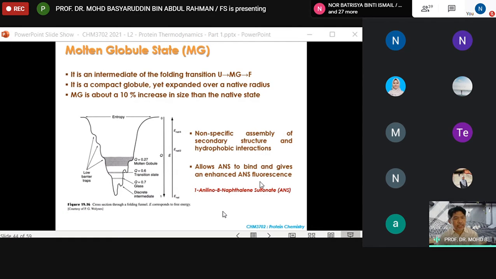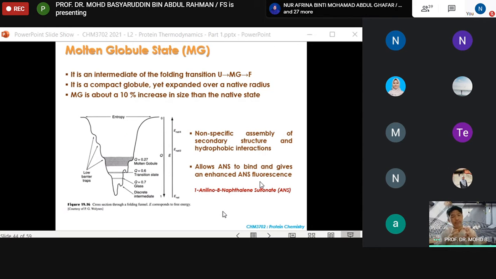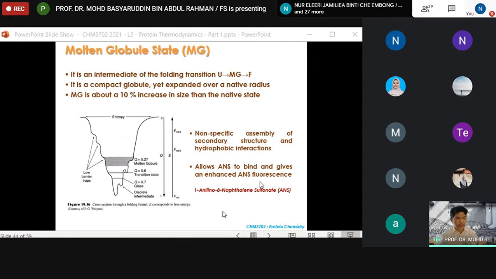Basically, ANS is a fluorescent dye. When you use it in spectroscopy, you can monitor the changes. This strategy is based upon the assumption that in the molten globule state, the exposed hydrophobic clusters of the protein are readily bound by the non-polar anilino naphthalene moiety of ANS.